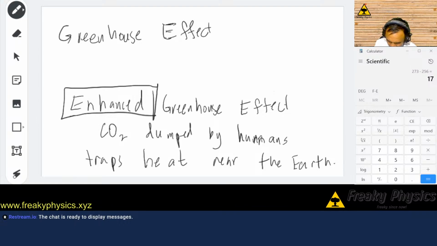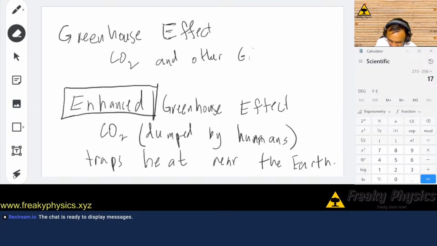The greenhouse effect is essentially just this, but without this part. So the greenhouse effect is CO2 and other greenhouse gases. I'll write that as greenhouse gases.